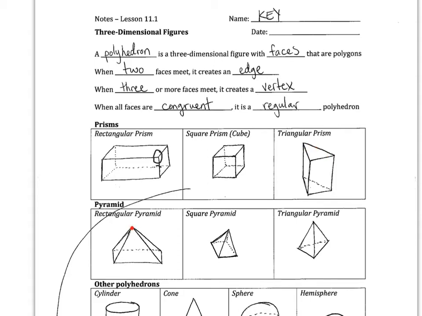A rectangular pyramid, sorry, has a bottom that is a rectangle, and all the other faces come to one point as a pyramid. A square pyramid means that there's a pyramid, but the base is a square. And a triangular pyramid means the base of a pyramid is a triangle.